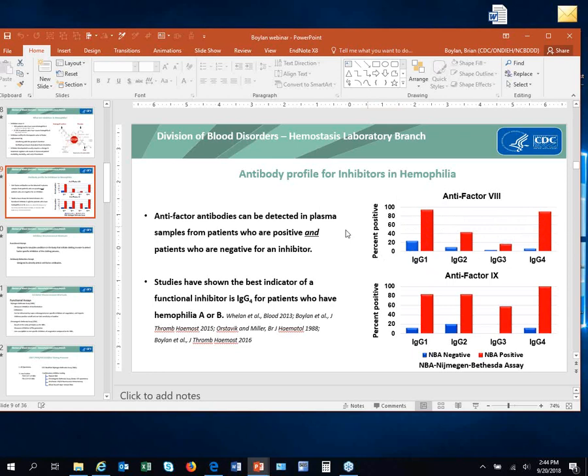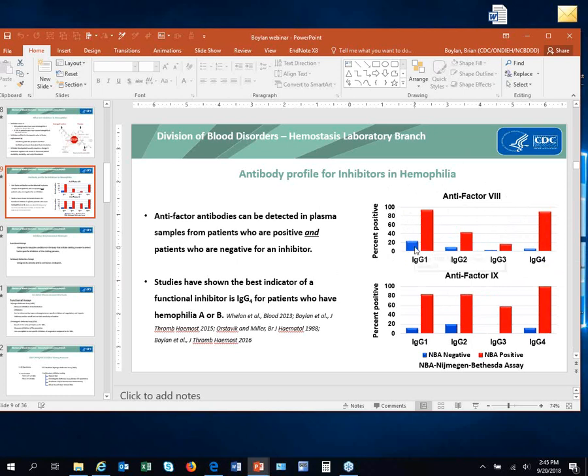We have seen similar things happen when we looked at serial samples from patients, in the case of factor VIII. Unfortunately there's not a lot of data using serial samples in factor IX because they're a little bit more difficult to come by. But when we looked at serial samples from patients with hemophilia A, we did see that there was a subset of patients that had IgG1 positivity, but nothing else, and that later on they developed IgG4 as well as positivity in a functional assay. So there is some significance to the presence of IgG1 as well.